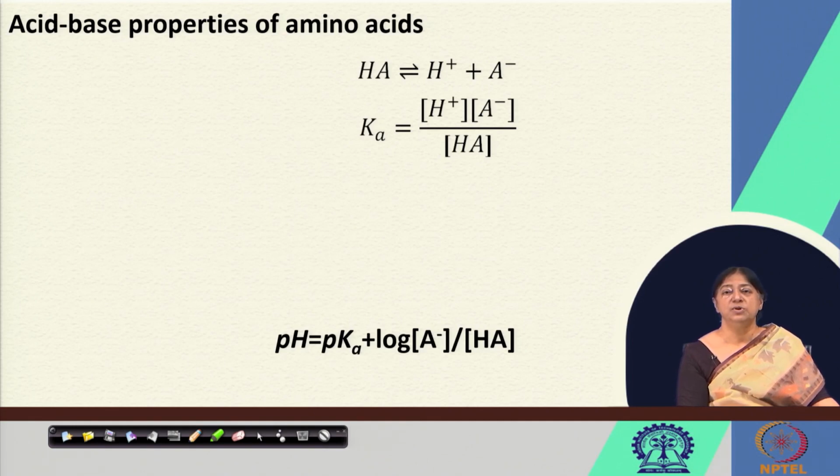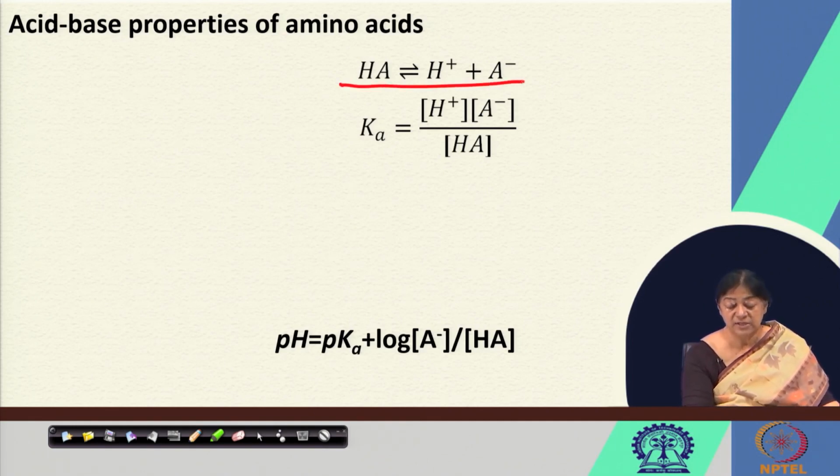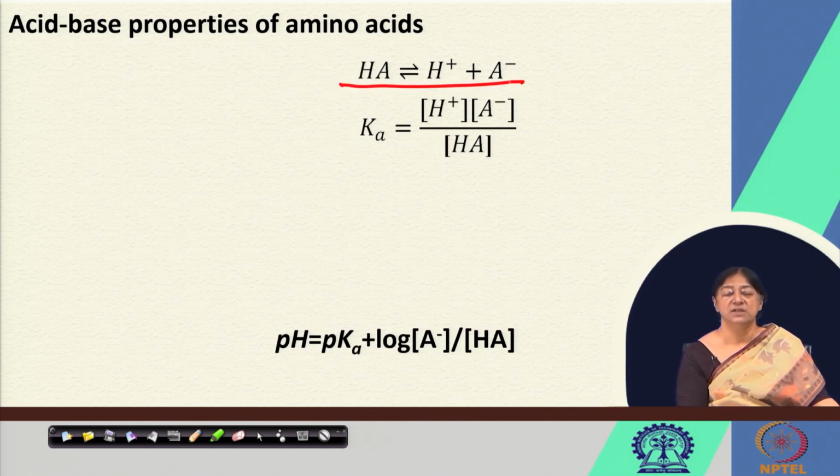The loss of a proton means there is a particular reaction that takes us from HA to H plus and A minus, where we have a conjugate base and the loss of the proton.